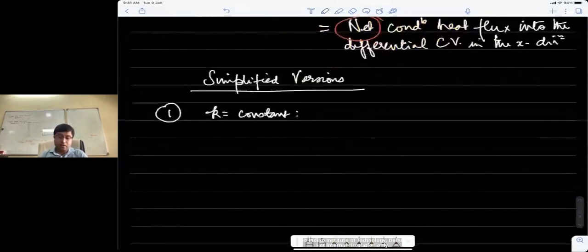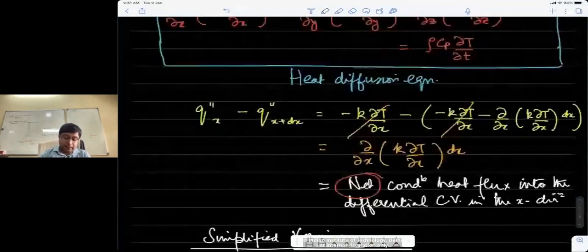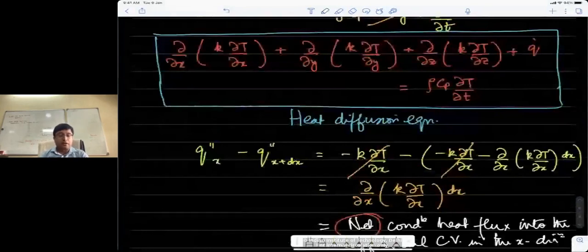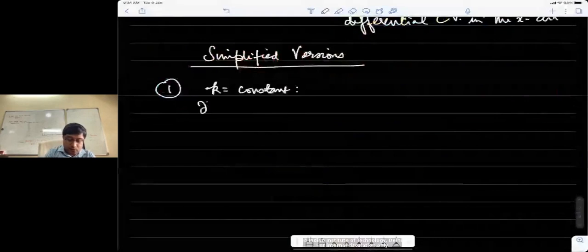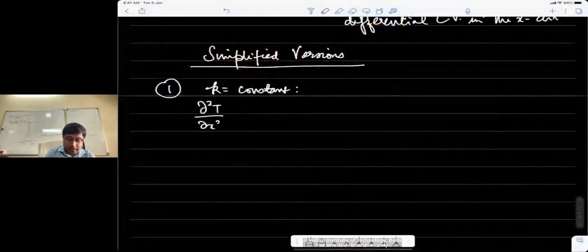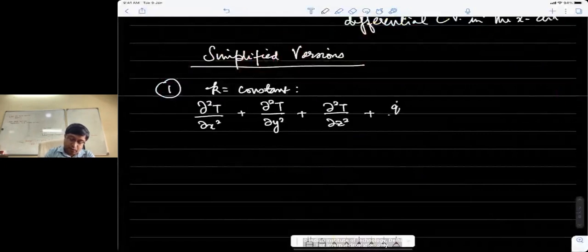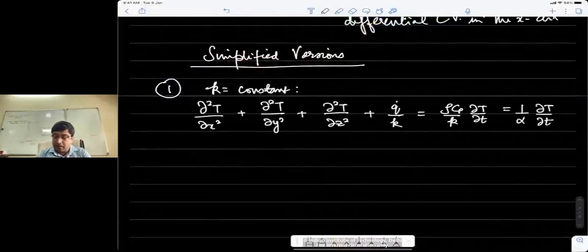If thermal conductivity was a constant, it will actually be pulled out from all the derivatives, and then I can write d2T dx squared plus d2T dy squared plus d2T dz squared plus q dot by k would be rho cp by k dT dt, which can also be written as 1 by alpha dT dt.